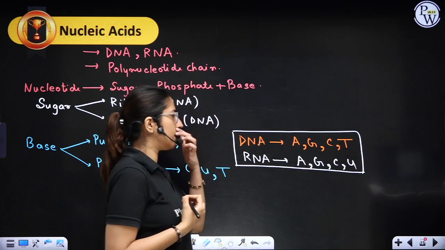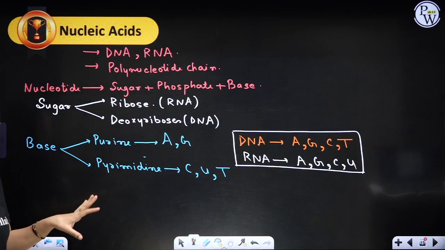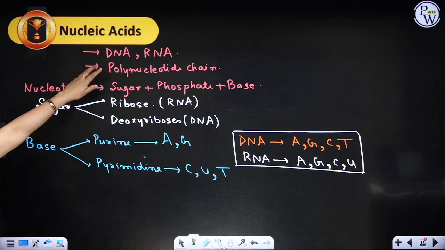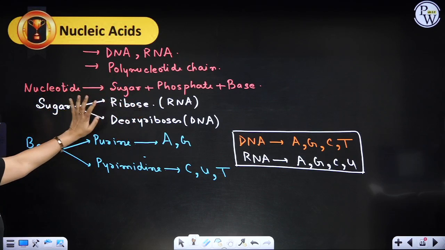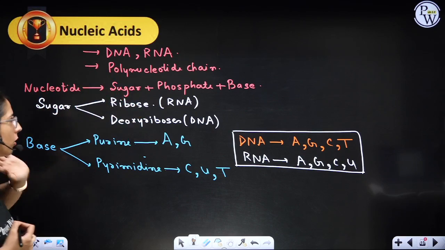Uracil is there in RNA. Clear, buddies? So this is how everything looks. They are the polynucleotide chains. The nucleotide is made of sugar, phosphate and base.